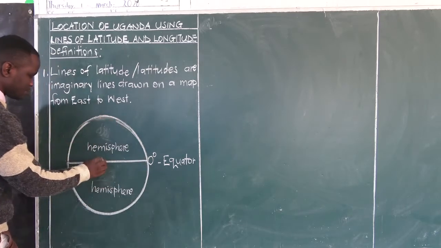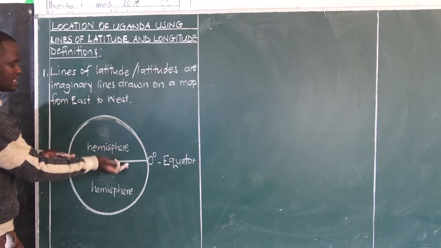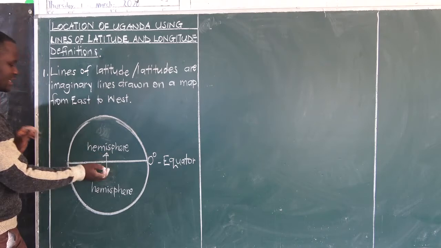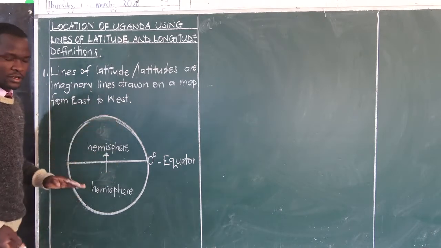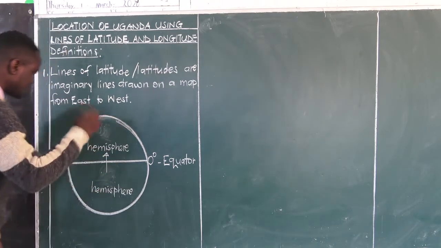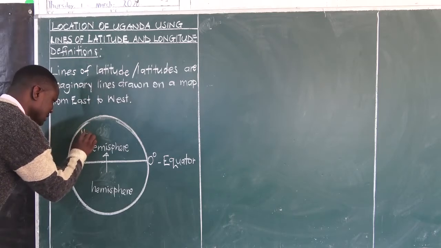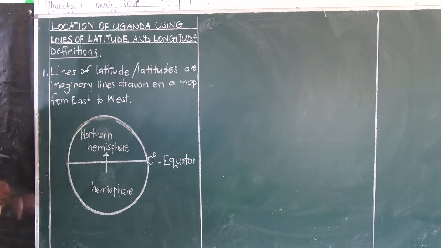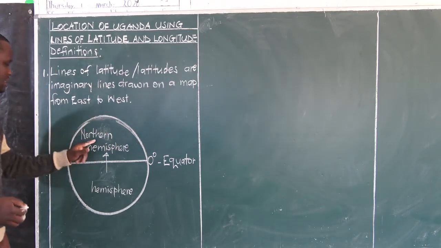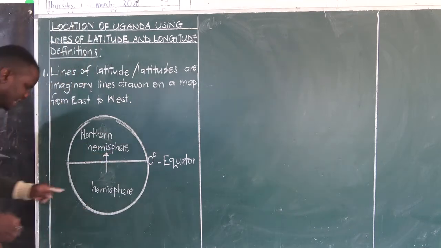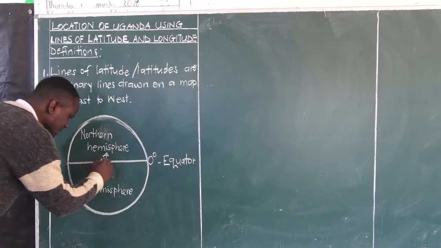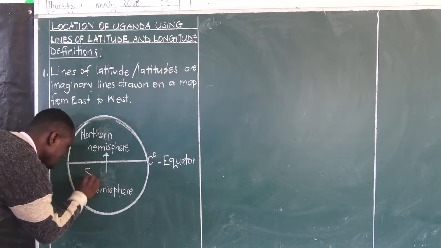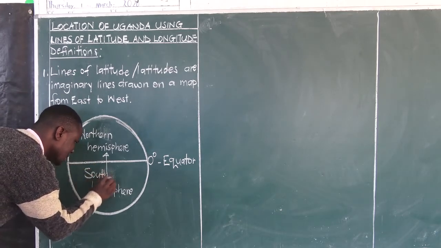This is north of the equator, which means if we were to have our compass here, we shall find that this side is in the north of the equator. So we shall give it the name, the northern hemisphere. Very good. This is the northern what? Hemisphere. And then the one down, since it is in the south of the equator, we shall give it the name, the southern hemisphere.